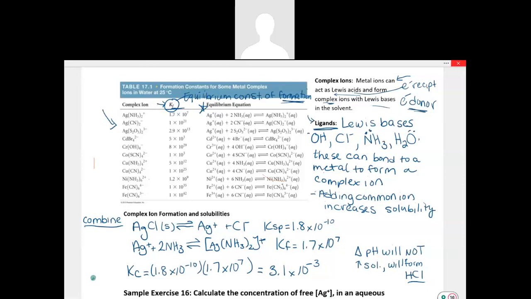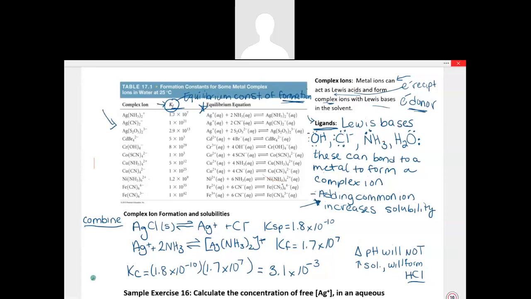Even ammonia and water, which are neutral, have those one or two lone pairs respectively, so they can also act as Lewis bases, and hydroxide and chloride obviously have plenty of electrons. So these can bond to a metal, form this complex ion, and we'll see that adding a common ion in these cases can increase solubility.